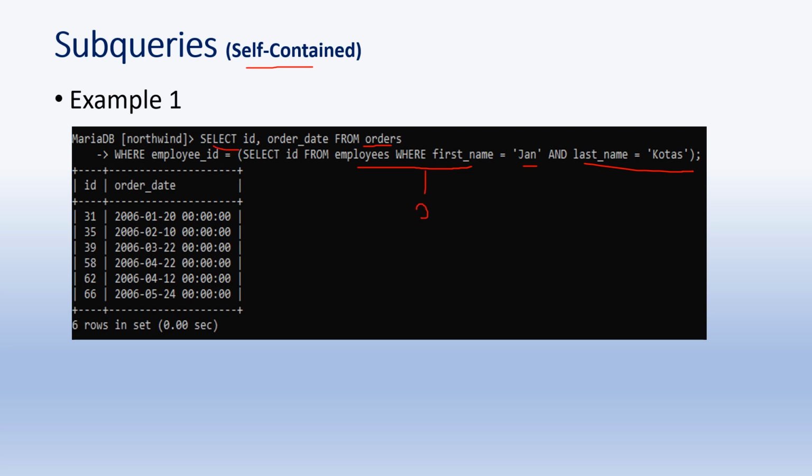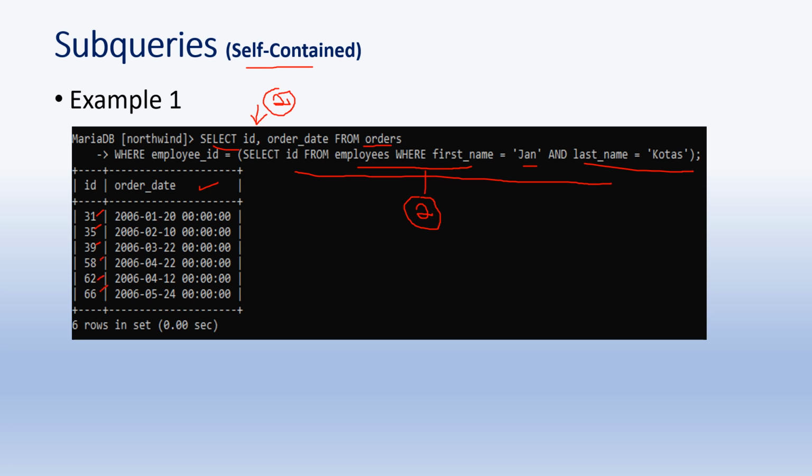So it will run this first, return the record, and then find the matching records. This will be the second statement. After you find this one, where the employee ID is equal to select ID from employee, you can proceed, and then we return this. So you can see 31, 35, 36, 58, 62, and order date.